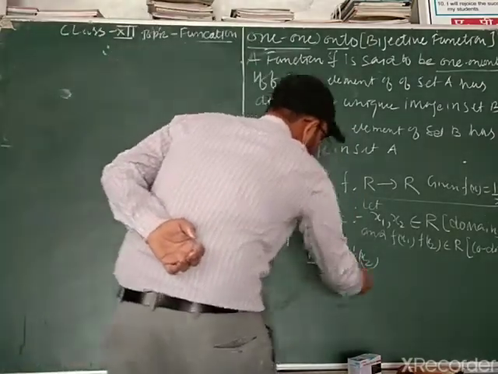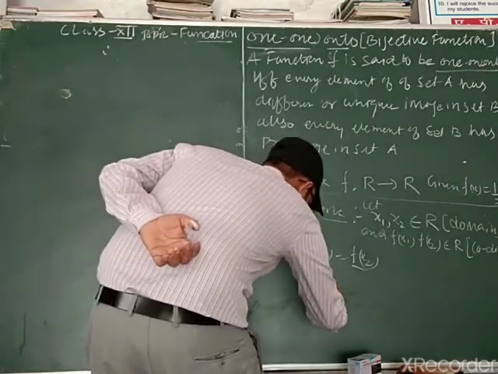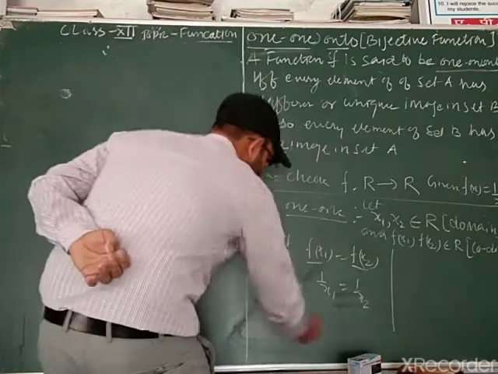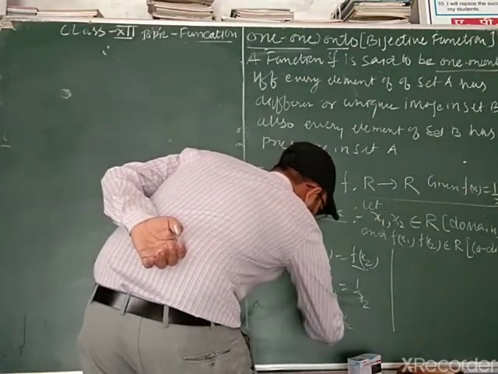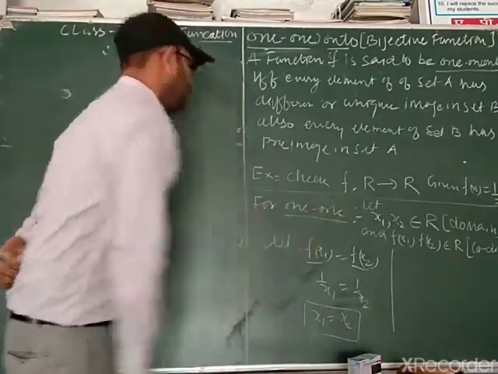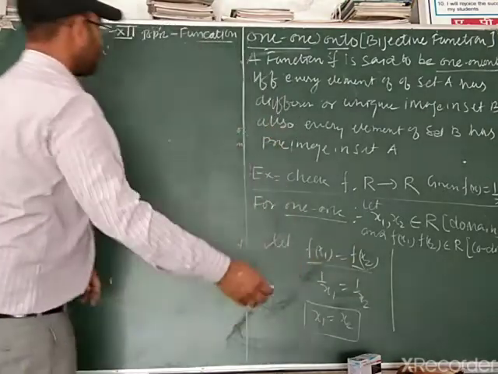Put the value of x1 in the given function: 1 upon x1 is equal to 1 upon x2. So what do we get? Cross multiplication, x1 is equal to x2. At the starting, what did we select? The elements such that the function is many-one.